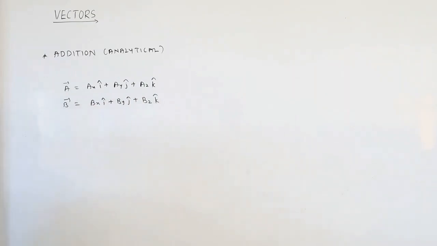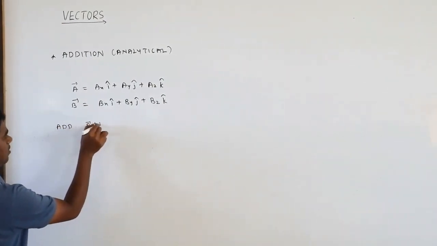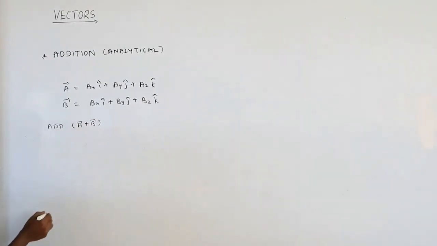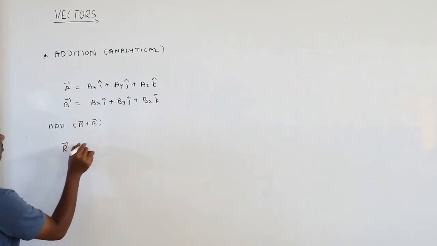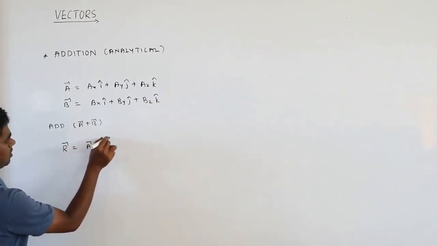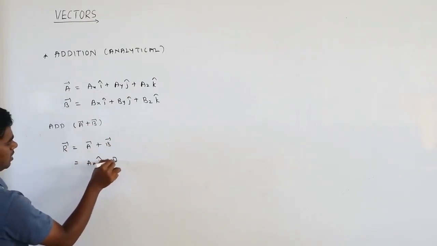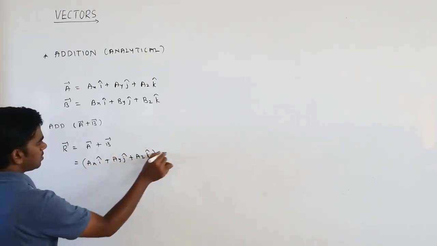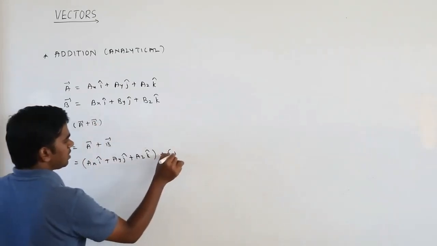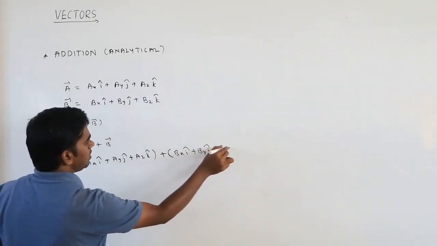If they ask you to add A and B, what will be the resultant? Simply, the resultant will be vector A plus vector B, which is Ax i cap plus Ay j cap plus Az k cap plus Bx i cap plus By j cap plus Bz k cap.